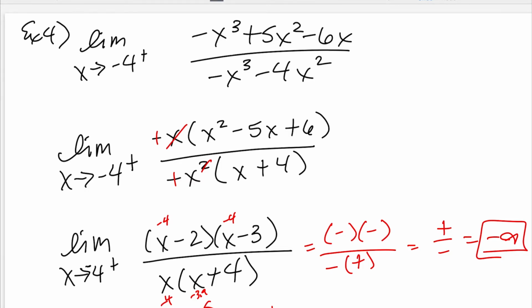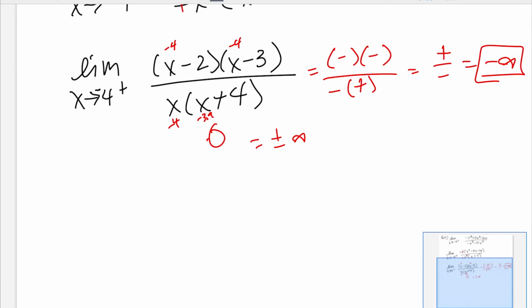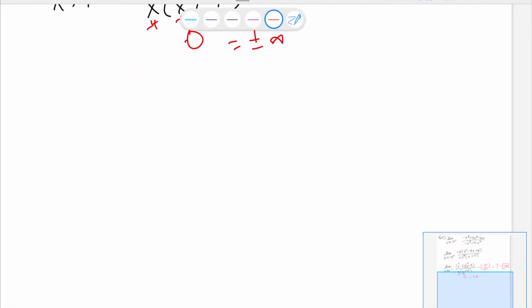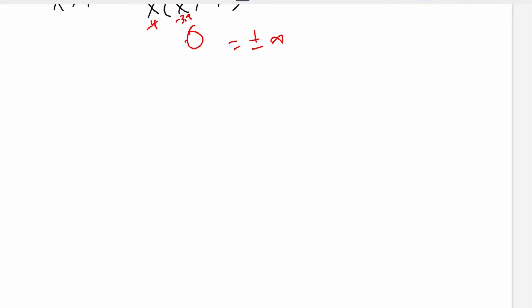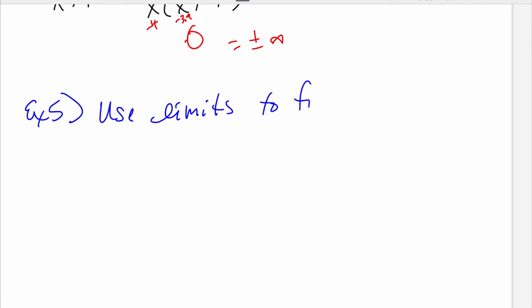All right. Okay, let's talk about asymptotes a little bit more here. Here's example 5. Location of vertical asymptotes. Find vertical asymptotes using limits. Oh, my handwriting is even worse. Sorry.